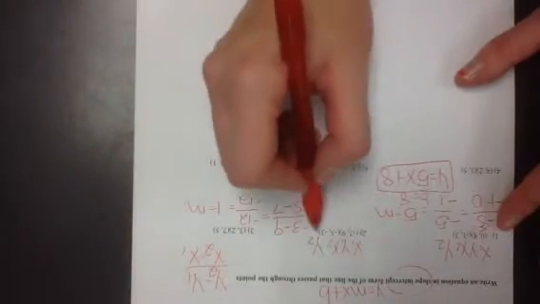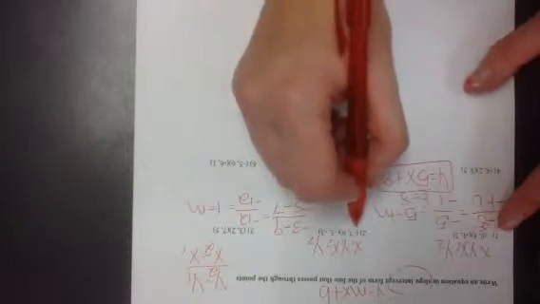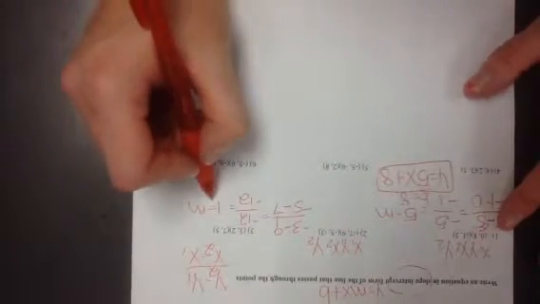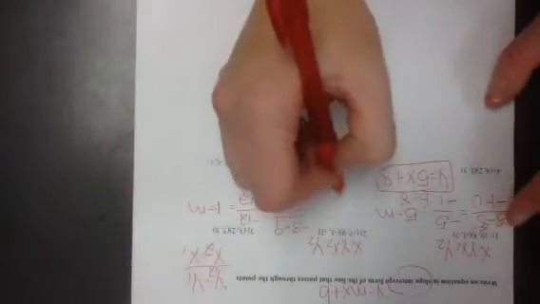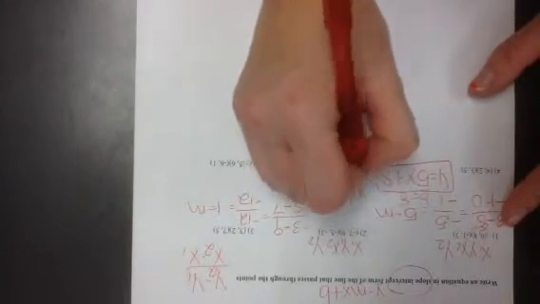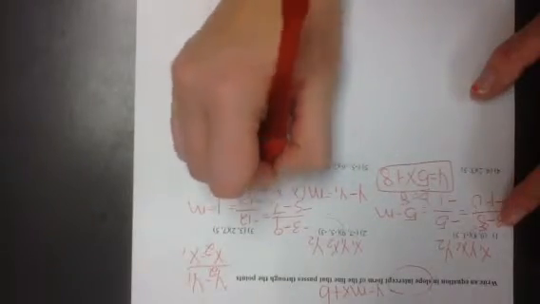Alright, so we have our slope. We don't have a y-intercept, so that means we have to use the point-slope form. We have a point, we have our slope, and it doesn't matter which point you choose to use. I'm going to use -5, -3 just because it has smaller numbers. I don't like dealing with large numbers. So we have y minus y1 is equal to m times x minus x1.